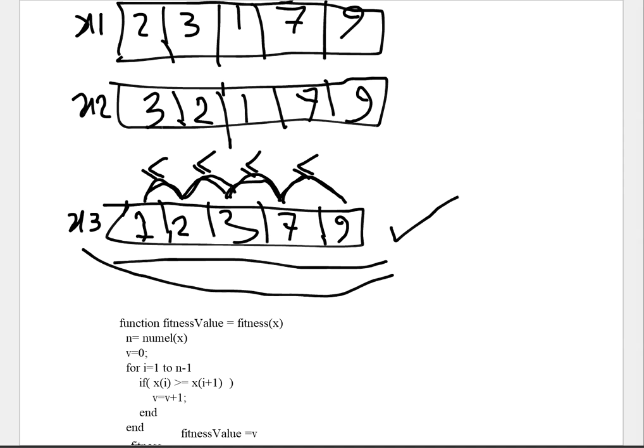Do you know the fitness of this element? If we put here x1, can you calculate the fitness of x1?